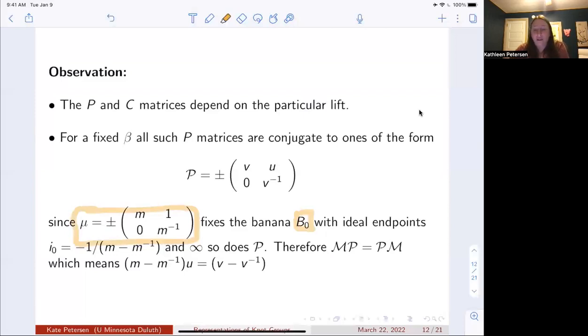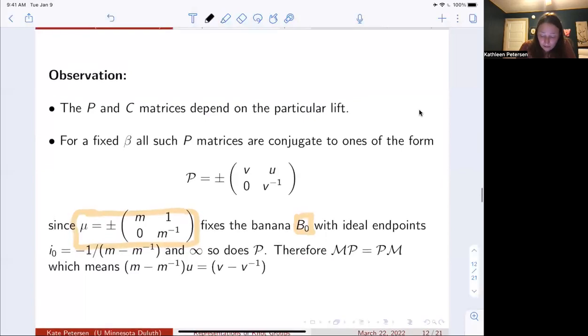And the observation is that we can do a deck transformation of hyperbolic space. And in our deck transformation, this is B naught, my favorite banana.